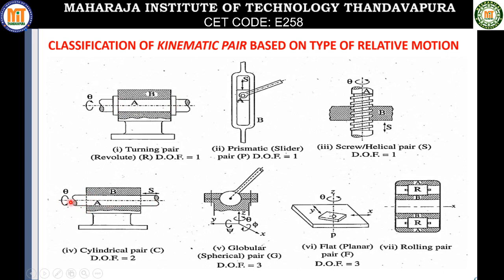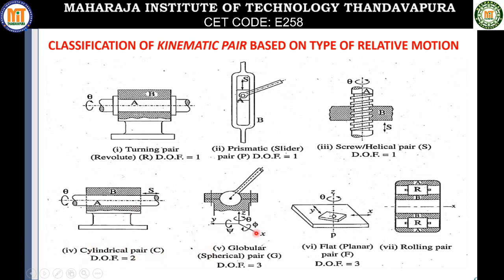So there is provision for the shaft to also slide along the horizontal direction. As well as pure rotational motion, it also has pure sliding motion. So the degrees of freedom becomes 2 because it has independently 2 motions, pure rotational and sliding. That is the reason the degrees of freedom for a cylindrical pair is 2.